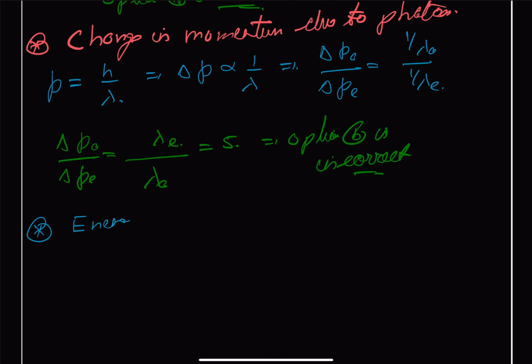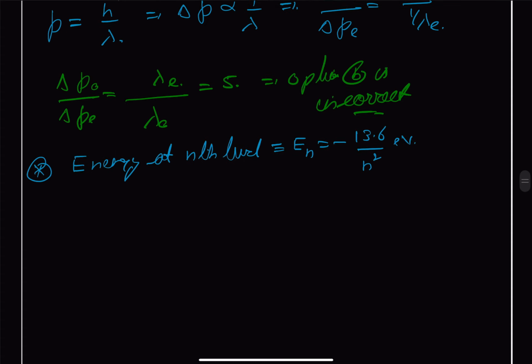We can say energy at nth level, which is E of n, will be equal to minus 13.6 upon n square electron volt. And from here we can say our kinetic energy will be equal to minus of En, which gives us 13.6 upon n square electron volt.